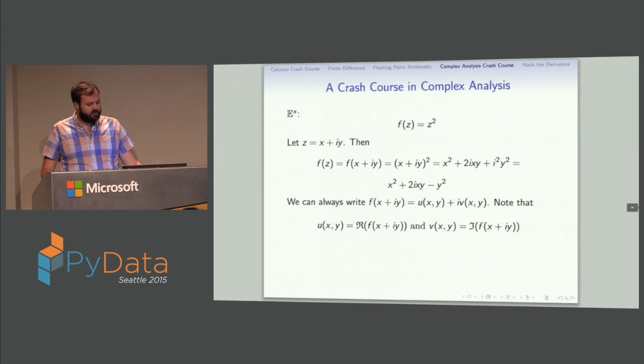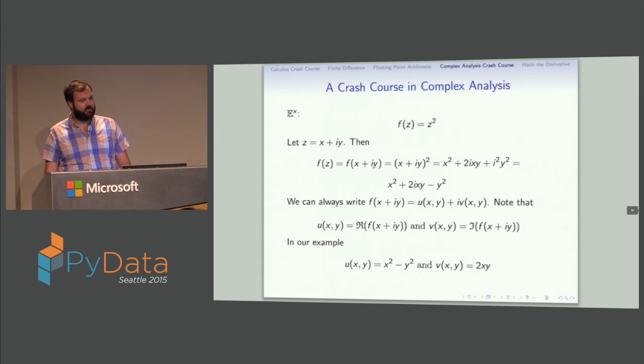Given any complex function, you can always separate it into its real and imaginary parts. Those are usually written as u of xy and v of xy. The u of xy is the real part, and v of xy is the imaginary part.